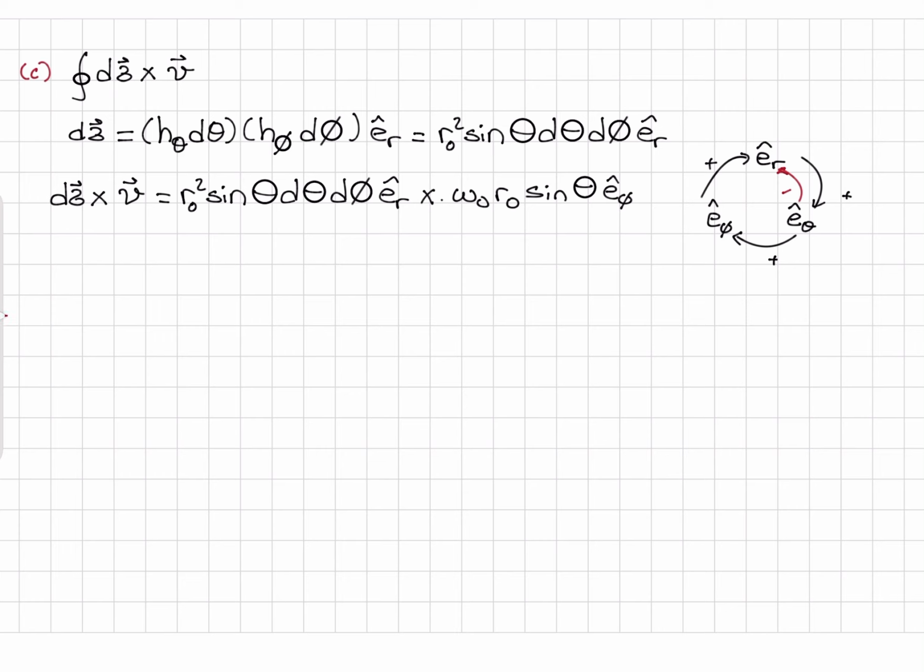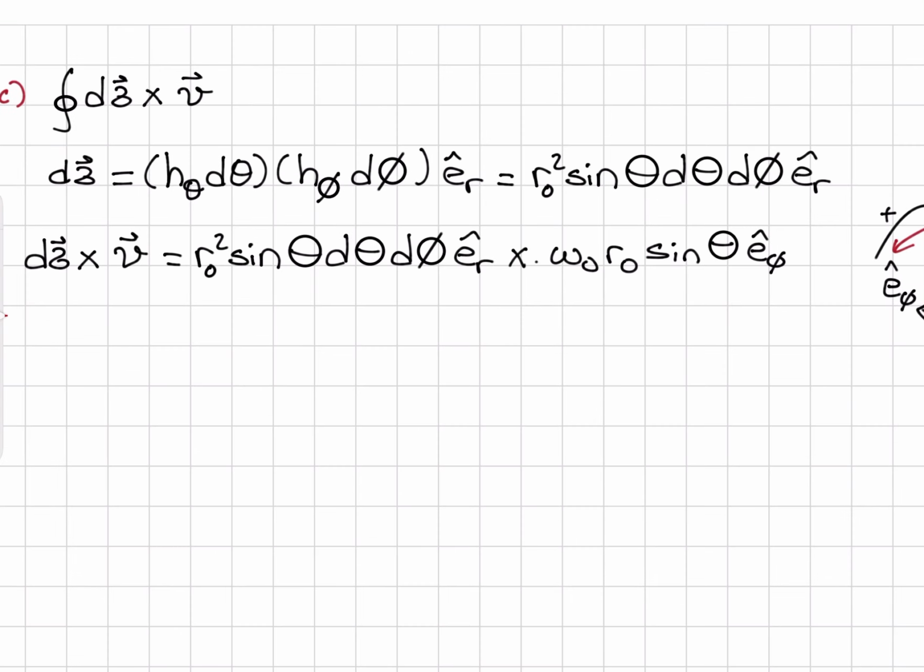So that is going to be in the counterclockwise direction, which is negative. So that will give me minus e theta hat, you can see here. So for this cross product, I have omega 0 r0 cube.